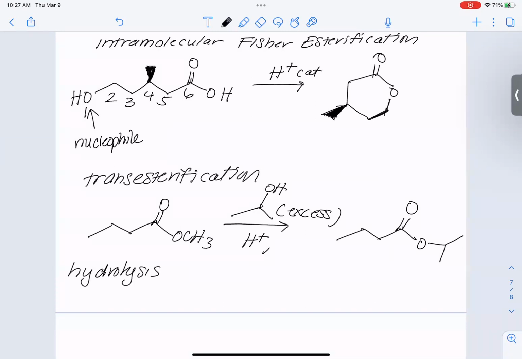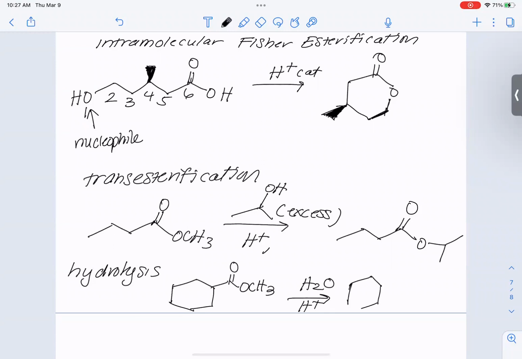Hydrolysis, I was alluding to this before. If you have an ester and you add water and acid, you break apart the ester and get back the carboxylic acid and the alcohol.